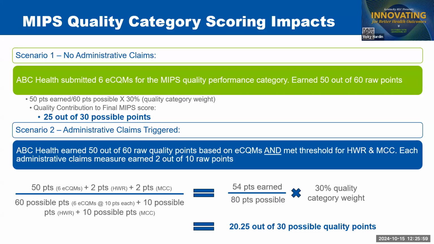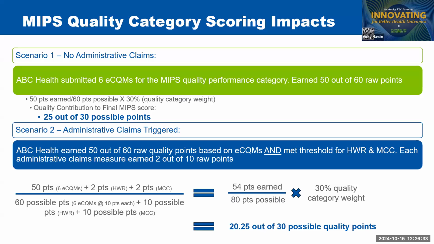So you go down to scenario 2, where administrative claims were triggered. They earned 50 out of 60 raw quality points based on their ECQMs, and they met the threshold for hospital-wide readmissions and multiple chronic conditions. Each administrative claims measure earned 2 out of 10 raw points. So you have 50 points for your ECQMs, 2 points for hospital-wide readmission and 2 points for multiple chronic conditions, for a total of 54 points earned.